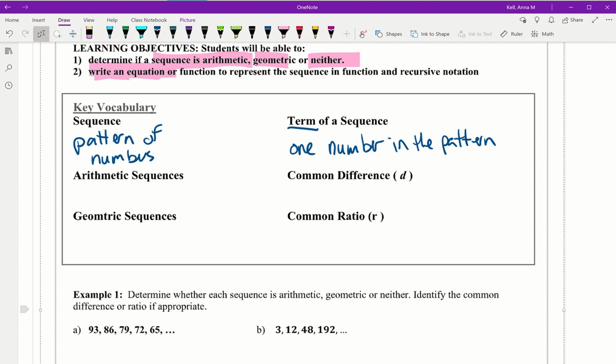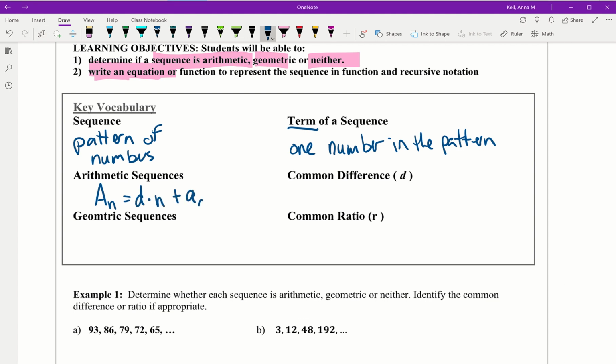Okay, so an arithmetic sequence is in the form a sub n is equal to d times n plus what we're going to call a0, okay? So here is the deal.